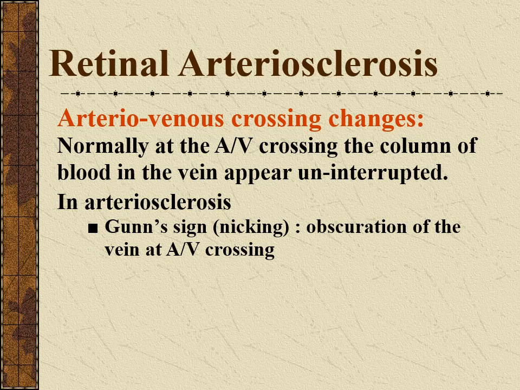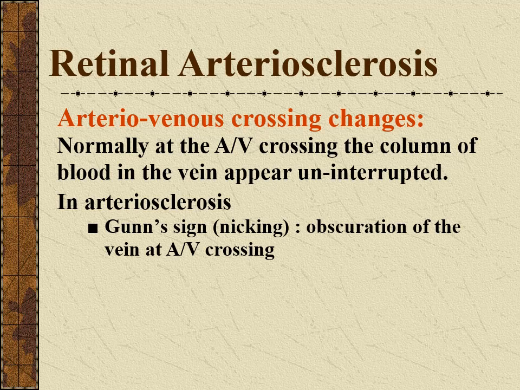As we said, the changes that happen at the arteriovenous crossing are very helpful in diagnosis of retinal arteriosclerosis. Normally, at the arteriovenous crossing, the venous blood column, the blood in the vein, is not interrupted by the artery as it crosses over the vein. However, in arteriosclerosis, because of the rigidity of the arterial wall, some signs will start to appear.